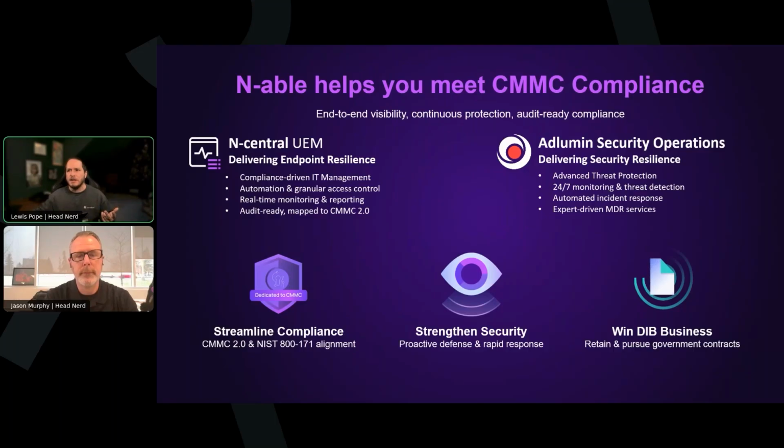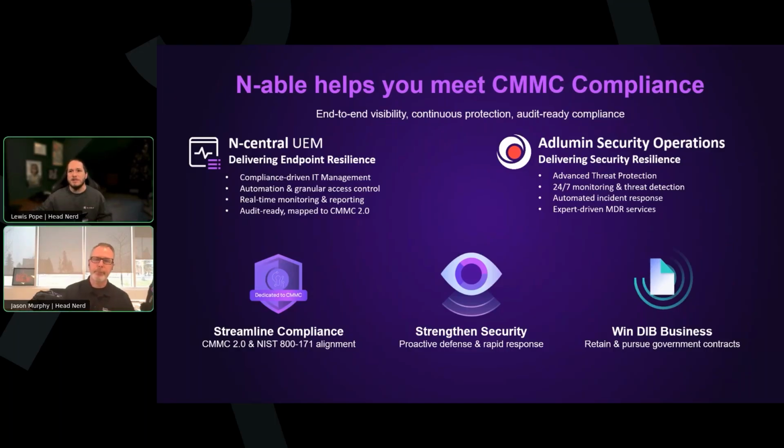That's because, and we'll get into it a little bit later, we're considering AdLumen a security protection asset. And when you start reading deep into the technicals around CMMC, security protection assets don't process CUI, so they aren't subject to the same requirements.